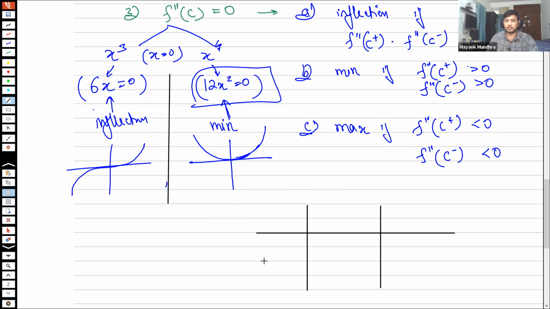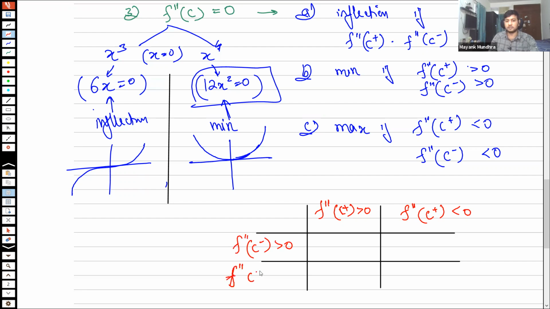You can write f double prime c plus positive, f double prime c plus negative, f double prime c minus positive, and f double prime c minus negative. When they are both positive, you get a minima. When they are both negative, you get a maxima. And when they are of opposite signs, you get an inflection point.